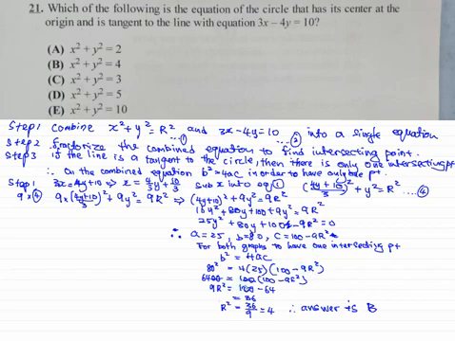You simplify and get r squared equal to 4. Looking here, 4 is r squared, so the answer is B.